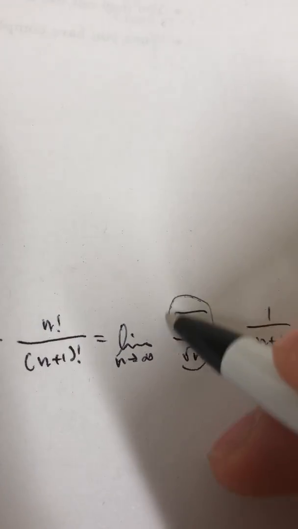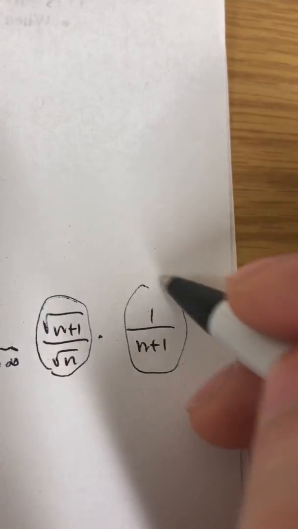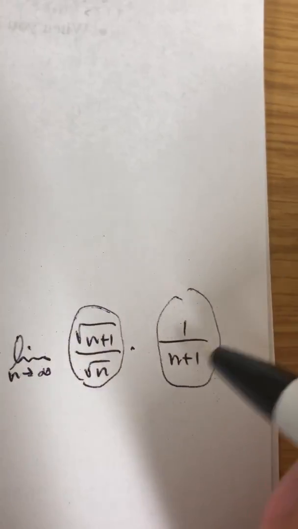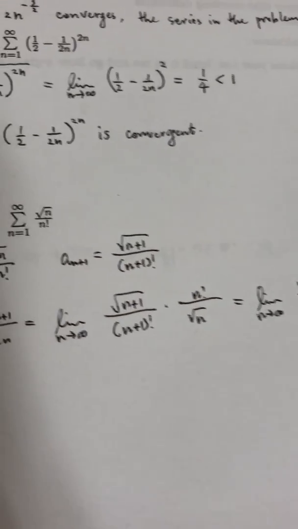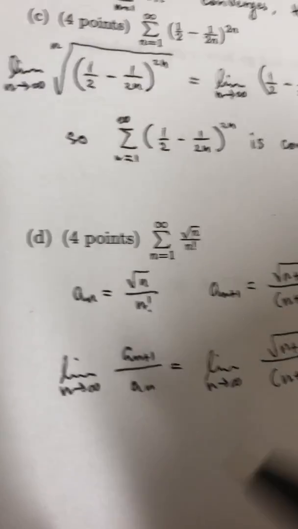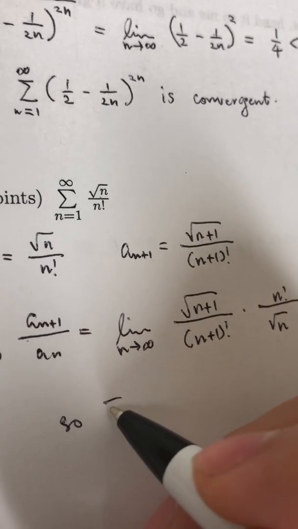Now, this factor has a limit 1 when n goes to infinity, but this part has a limit 0. So this limit is equal to 0. 0 is obviously less than 1. So the series is convergent.